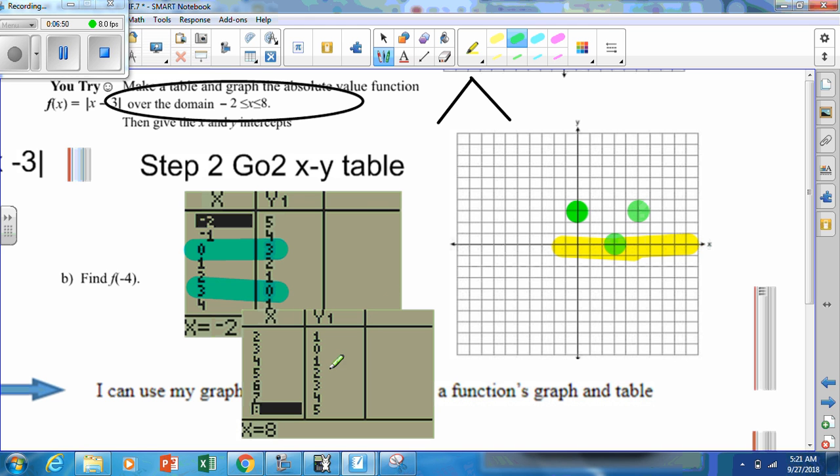All right. So if I go to 1, 2, 3, 1, 2, 3, 4, 5, 6, 7, 8. I'll go 5. 1, 2, 3, 4, 5.